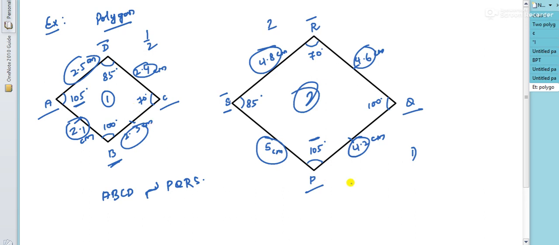So both the corresponding angles are equal and corresponding sides are in the same ratio, then we can say these two figures are similar to each other.